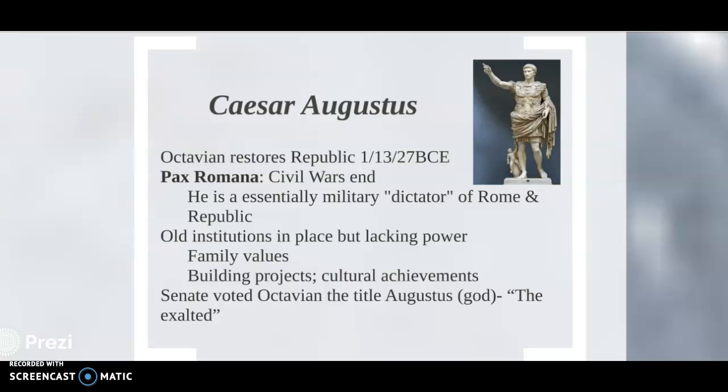Example of that is trying to tone down divorce and things like that. So a lot of building projects. So people are kind of open to the reign of Augustus and welcoming of it. And so that gets us away from all the chaos of the rest of the first century.